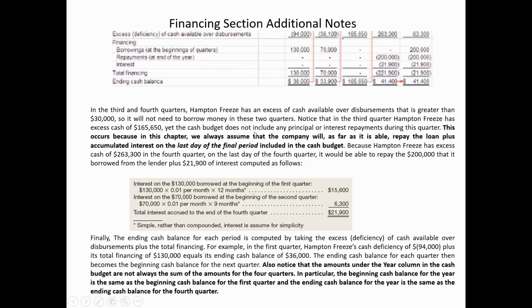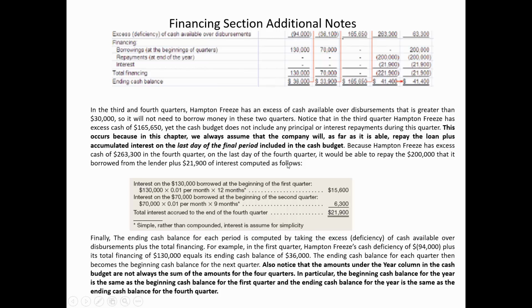Yet the cash budget doesn't include any principal or interest repayments during the quarter. This occurs because in this chapter we'll always assume that the company will, as far as it's able, repay the loan plus accumulated interest on the last day of the financial period included in the cash budget. It's just an assumption for this chapter.